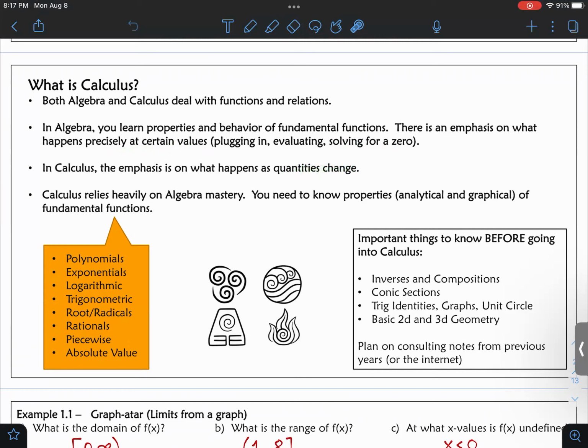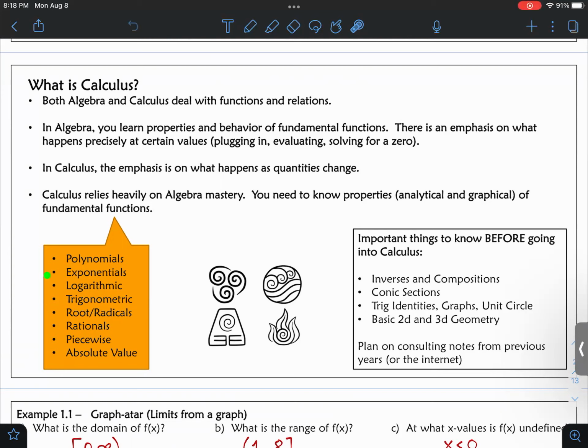Now, having said that, calculus does rely heavily on algebra. In fact, I've had students in the past that are pretty competent with newer calculus concepts, but the algebra is what gets them. If you don't remember what a log is, if you don't remember a lot of the trig identities and the unit circle, that's where you might run into trouble.